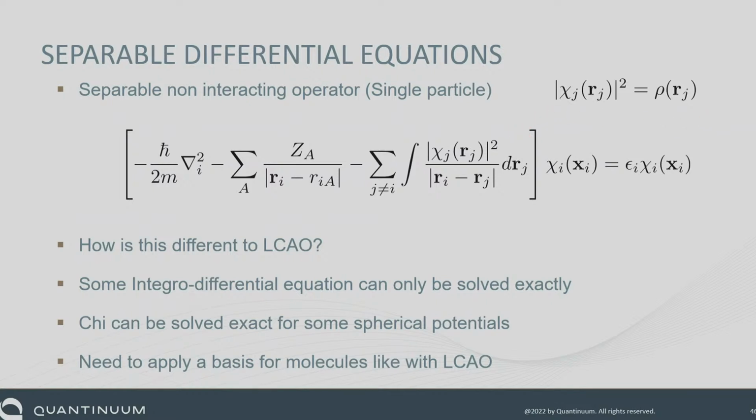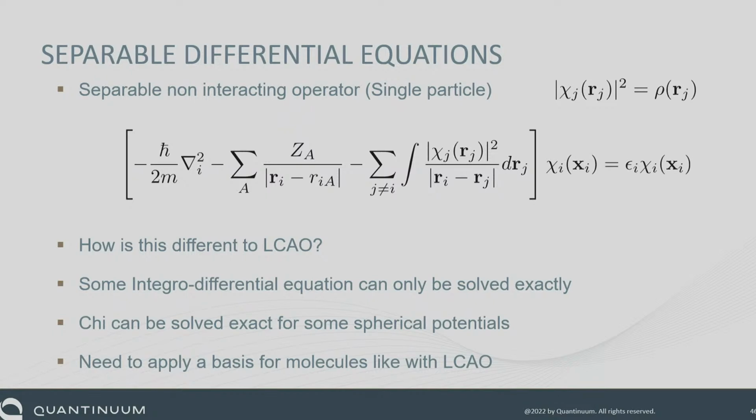The famous one is, again, spherically symmetric nuclei. So you can actually solve the Hartree-Fock equations, or the Hartree equations, for an atom. For example, fluorine with lots of inner core electrons, you can still solve that exactly because of the spherical symmetry.